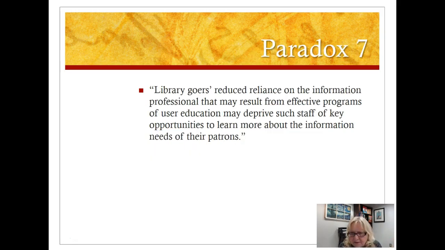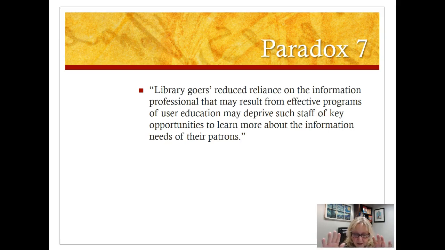I think Paradox 7 is pretty funny because I don't think this is going to ever happen in a school. He posits that if library goers reduce their reliance on the information professional helping patrons do research, then librarians won't understand what patrons are searching for because they won't be helping them.